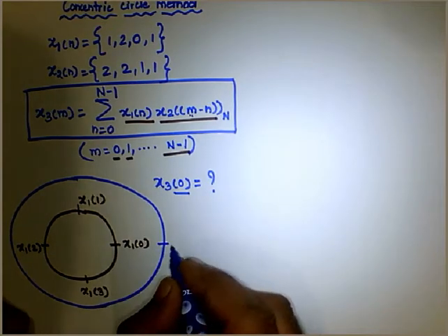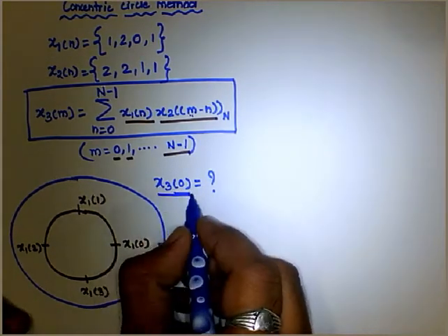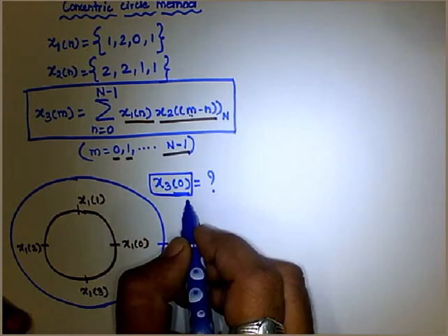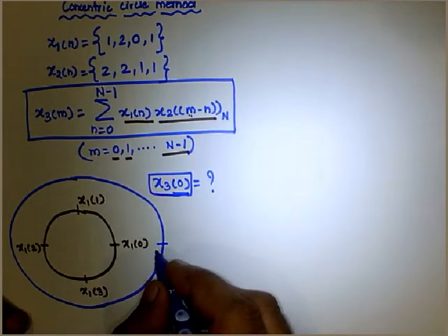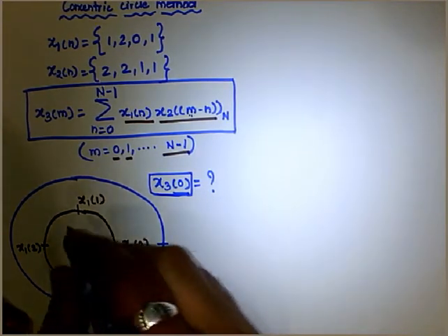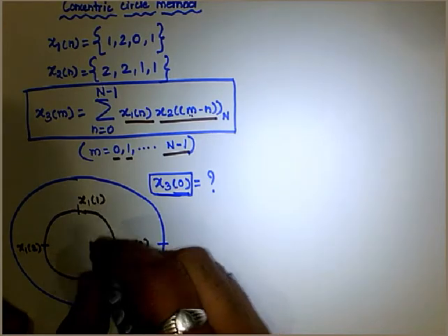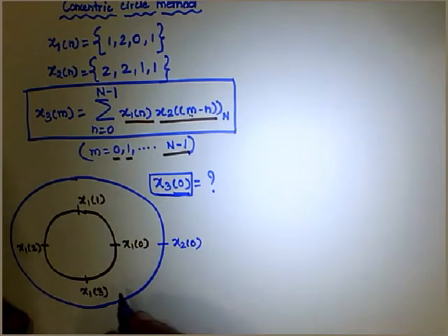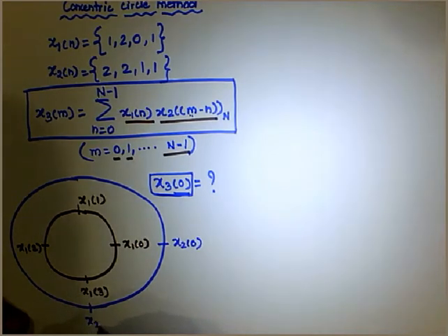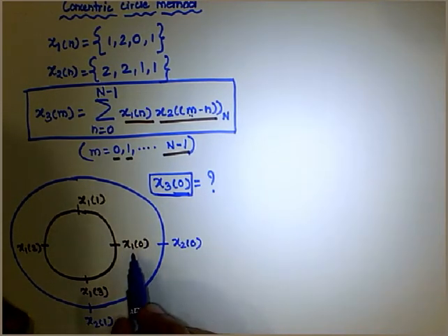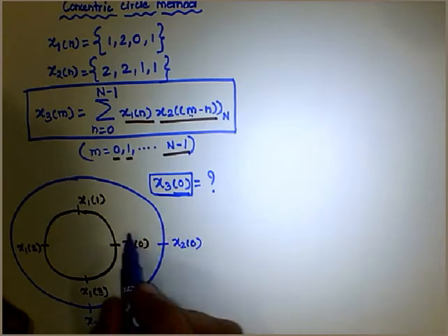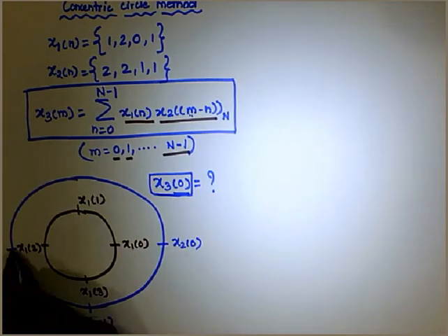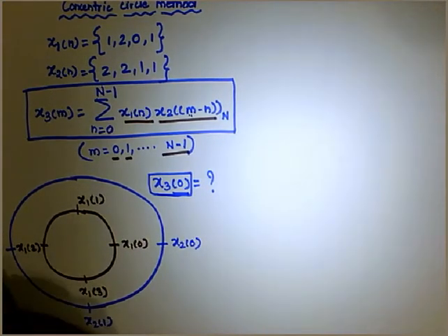Now x2 is the folded one. In order to write the folded sequence, it will be exactly opposite to that of x1. So x2 of 0 will be here, then this will be x2 of 1. Purposefully I am writing these values correlated with each other so that we can have simplified calculations.